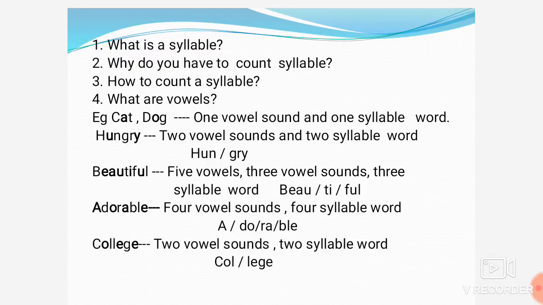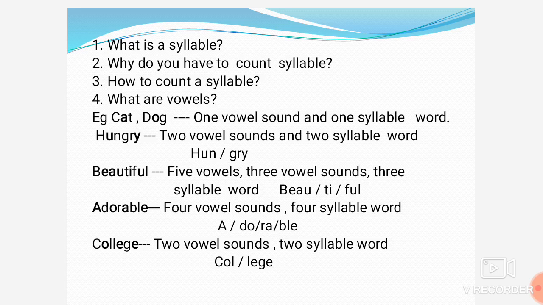Children, before we go into the rules to be followed while changing the degree of comparison, we should know what is a syllable, why do you have to count the syllable, how to count the syllable, and what are vowels. It's very important. So let's start with what are vowels.